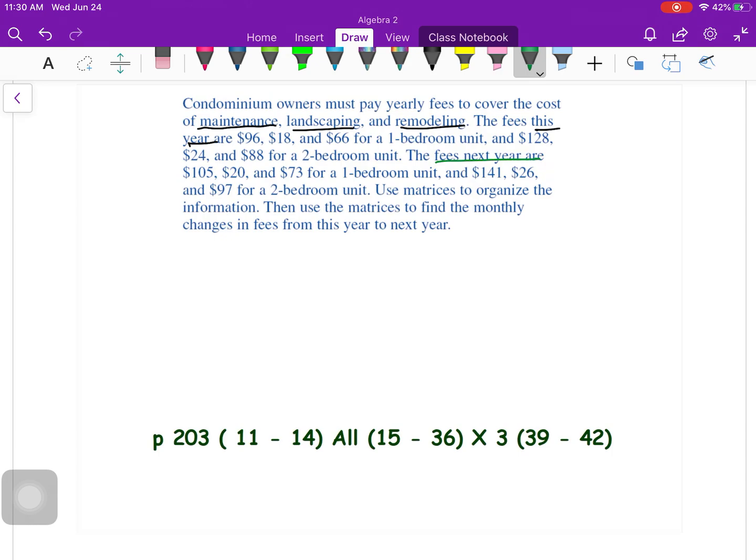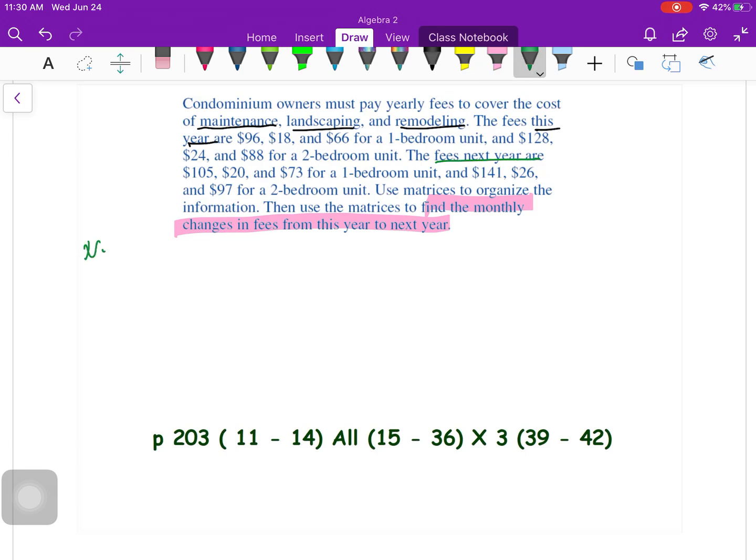The fees next year are $105, $20, and $73 for the one-bedroom, $141, $26, and $97 for the two-bedroom. Use matrices to organize the information. Find the monthly changes in fees from this year to next year.